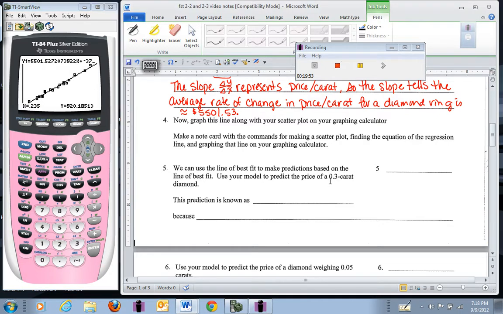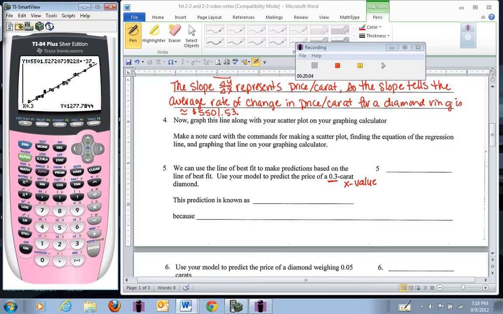So I want to do a 3/10 of a carat. Well, that's an X value. So if it's an X value, I can hit my trace button, and I can tell it I want 0.3 or 3/10, and I can hit enter.